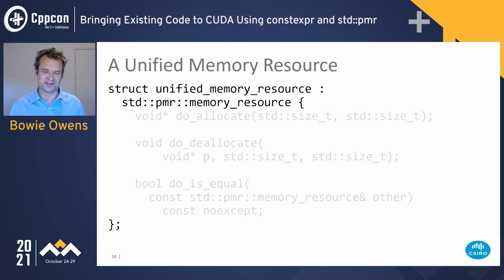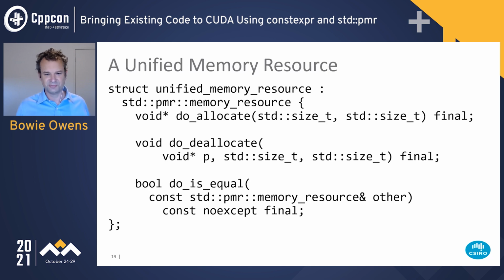Polymorphic means we're going to be using lots of classes and virtual functions. The virtual functions that the unified memory resource needs to implement are an allocate function, a deallocate function, and an equality comparison. I'm going to focus just on the allocate and deallocate. So let's look at what their implementation looks like.